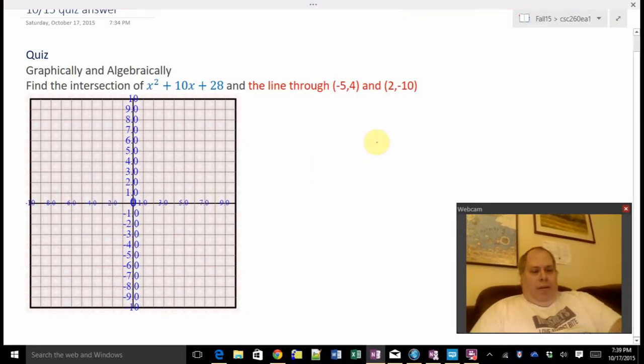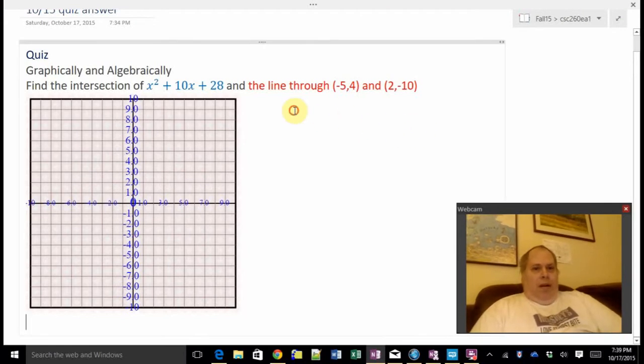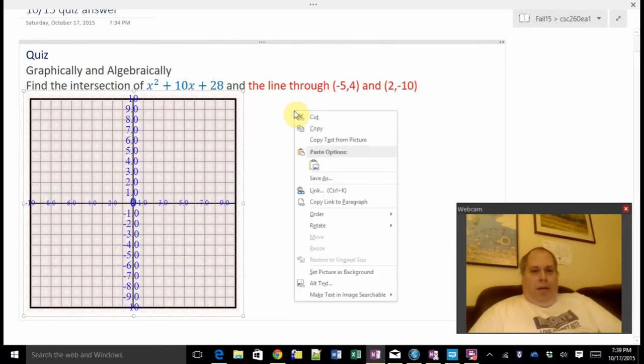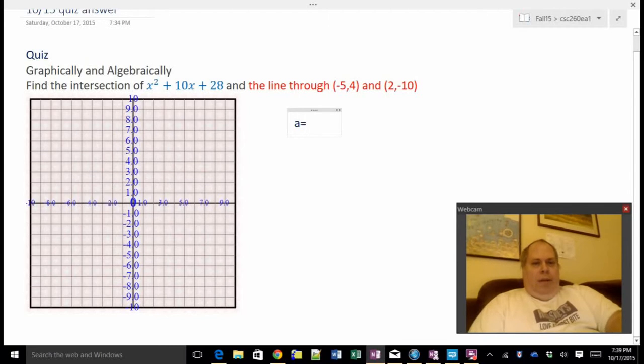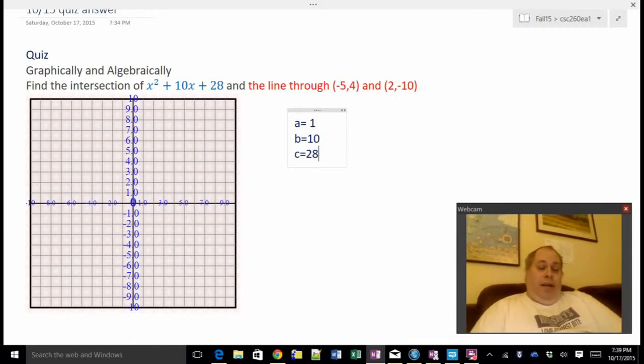Okay, I'll start writing. So we have a equals 1, for 1x squared. I'm doing x squared plus 10x plus 28 first. B is equal to 10. C is equal to 28.